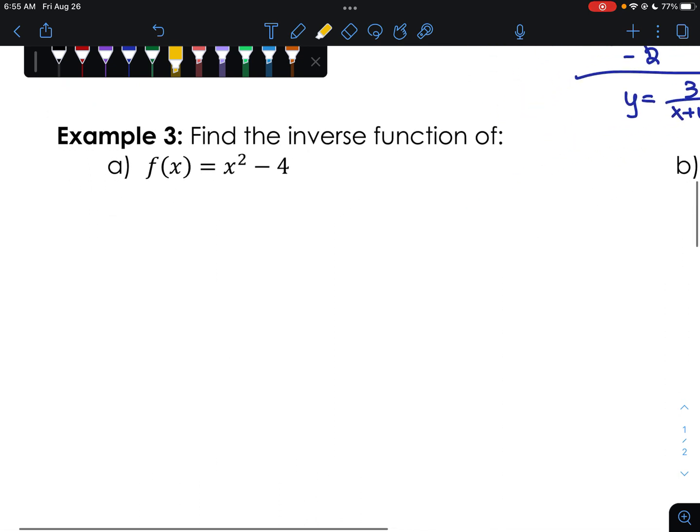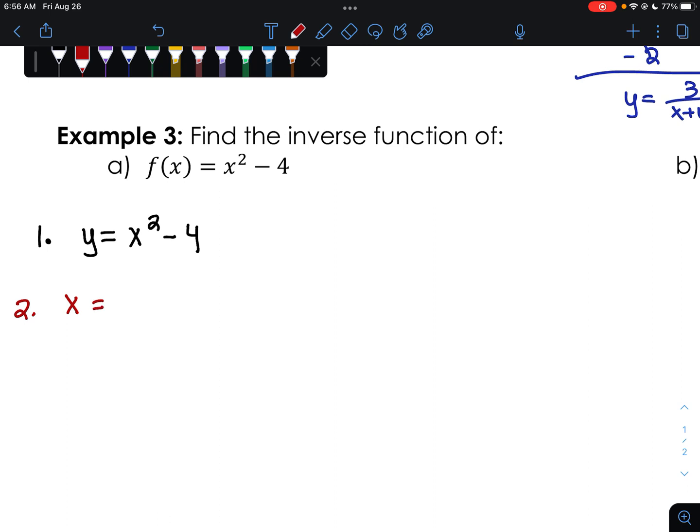Okay, so next one. Again, we start by rewriting the function using y equals. Step 2, we switch the x and the y. Step 3, we start solving for y.